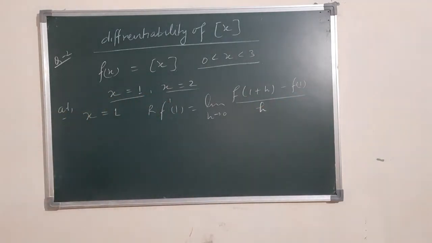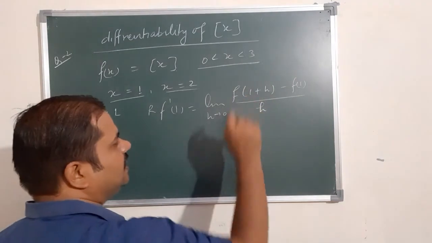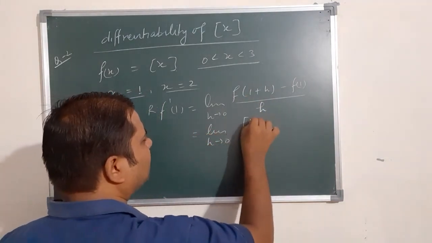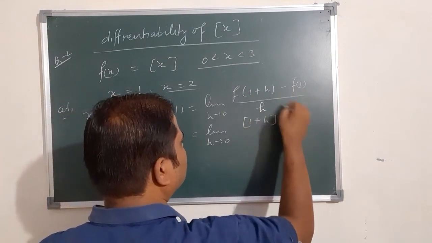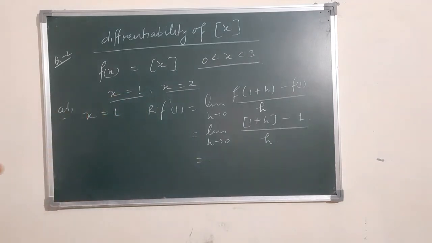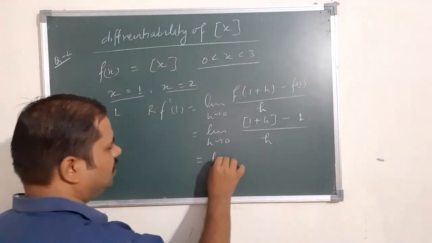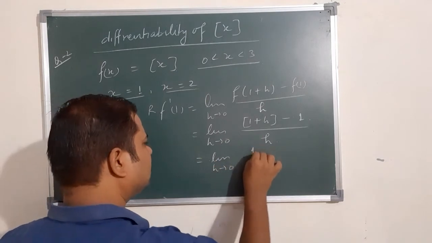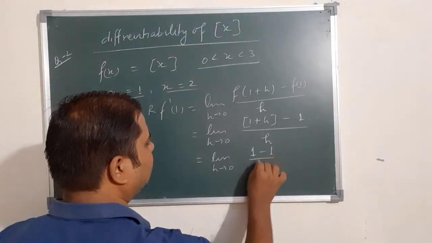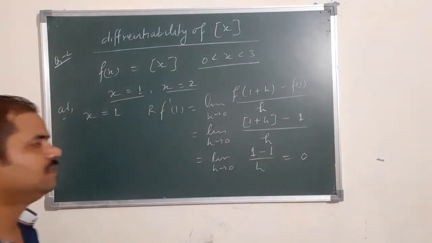Here h is greater than 0, so this is the limit of bracket of 1 plus h minus 1, divided by h. Bracket of 1 plus h is 1 only, because it is defined as the greatest integer less than or equal to it. So this is 1 minus 1 divided by h, which is 0.